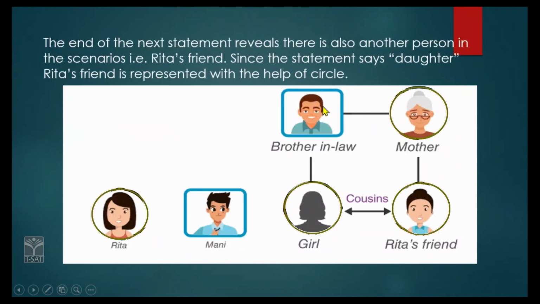Friend's mother means the mother of Rita's friend, and she has a brother-in-law, who has a daughter. So what is the relation between the girl and Rita's friend? The daughter of the brother-in-law of her mother will be a cousin for her. So this girl is a cousin of Rita's friend.